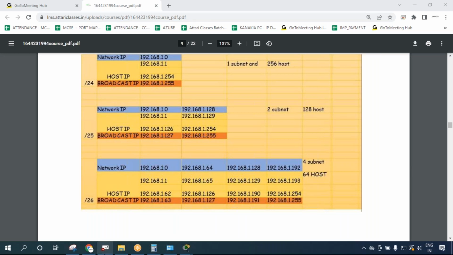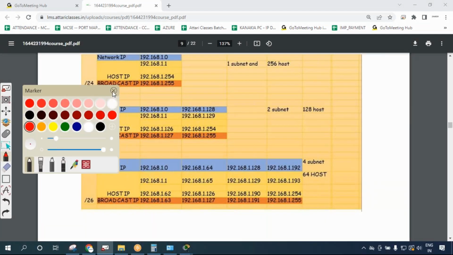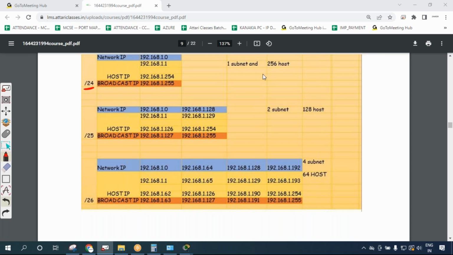For that there is one logic. See carefully. From /24 to /25, one bit was extra. How many bits were extra? One bit was extra, correct? So 2 raised to 1 is 2, and that is why two subnets are created. From /24 you went to /26.